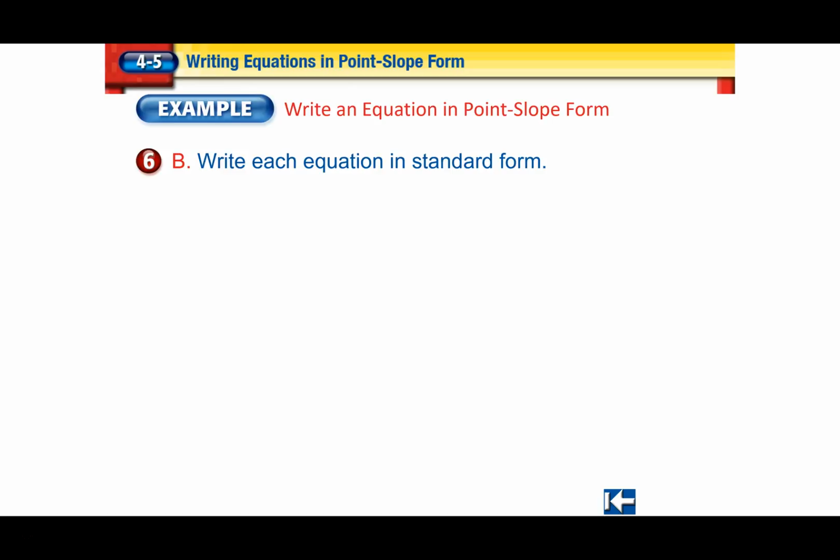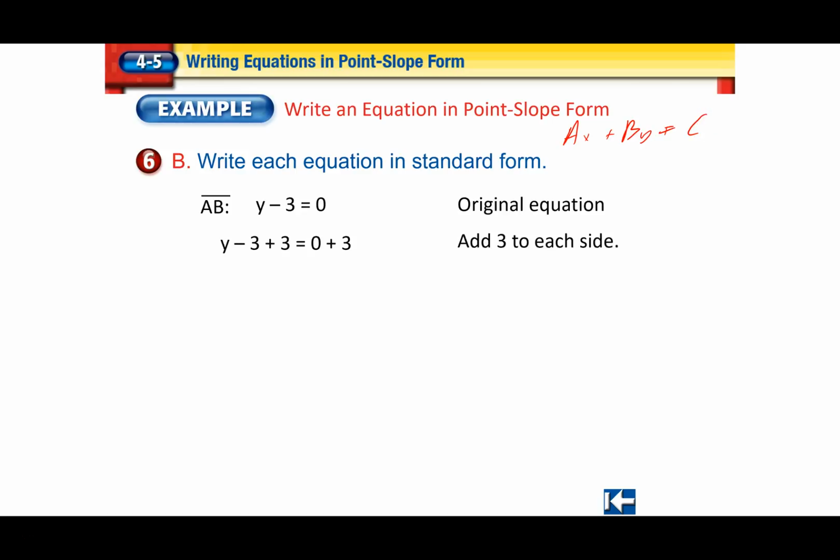Now we're going to write each of those equations in standard form. Which one's standard form? Take my original equation. I'm going to put 3 on both sides. y equals 3 is the only option we have because we got to put the constant on the other side of the equal sign.